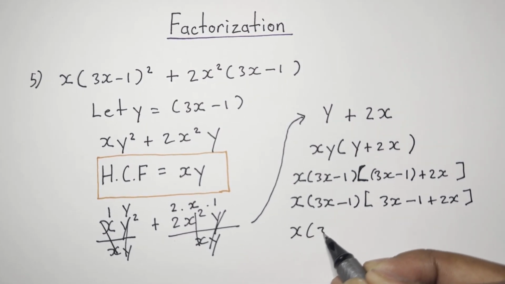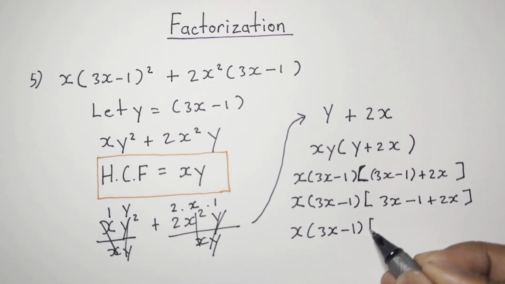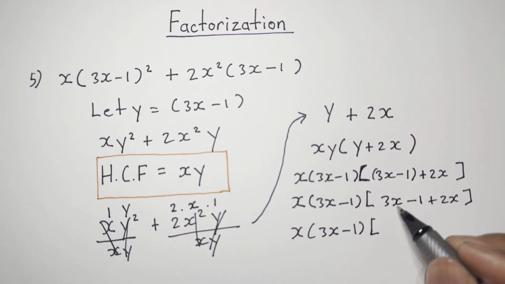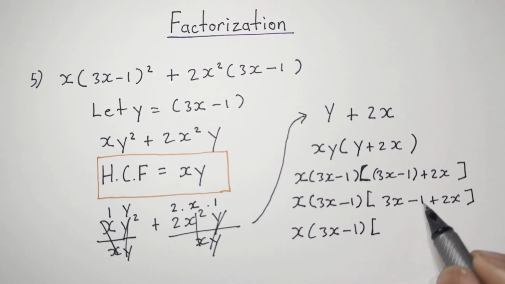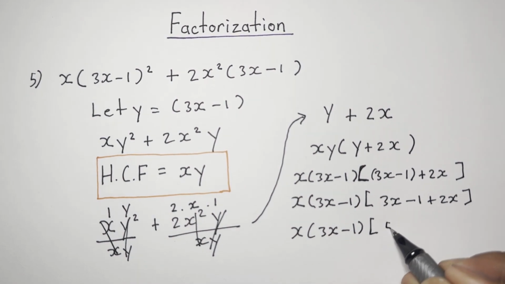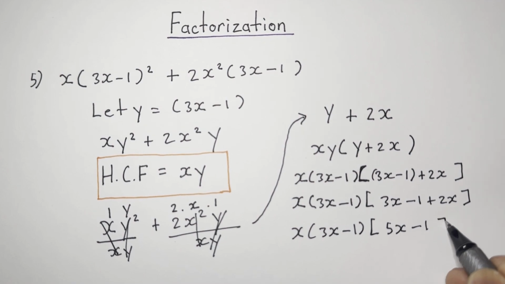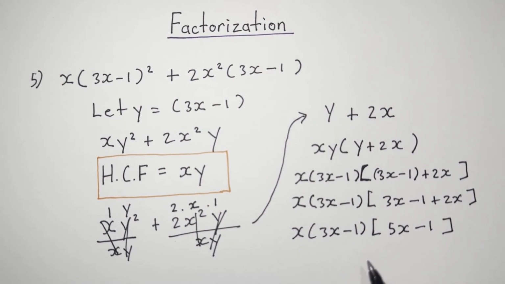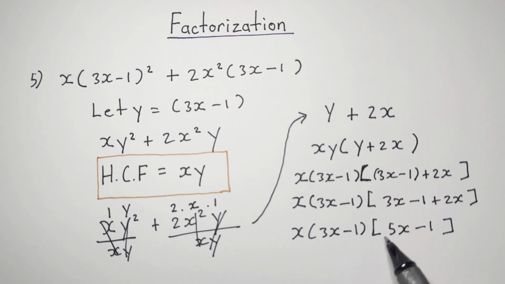x, 3x minus 1. 3x, we're grouping like terms. So 3x plus 2x is 5x and minus 1. So our answer is x, open parentheses, 3x minus 1, close parentheses, open bracket, 5x minus 1, close bracket.